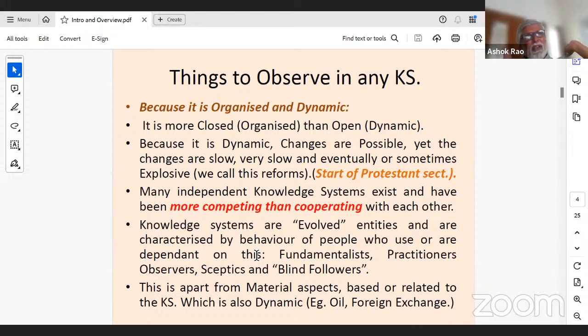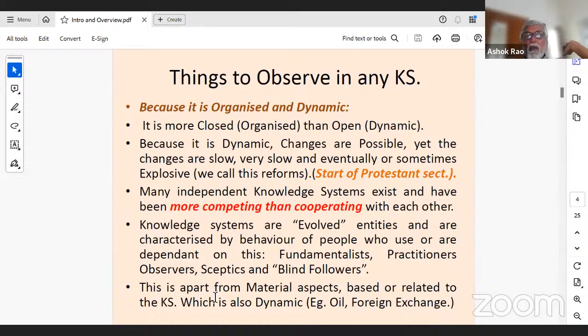Now, obviously, maybe 10,000 years back, somebody would have attempted seeing a plant being eaten by cow and feeling better, and they might have tried something there. So, knowledge systems are under continuous evolution. So, there are different type of behavior by followers. Some are fundamentalists, some are practitioners, some are observers, some are skeptic, and some are blind followers. So this more or less, and it also includes some who don't believe.